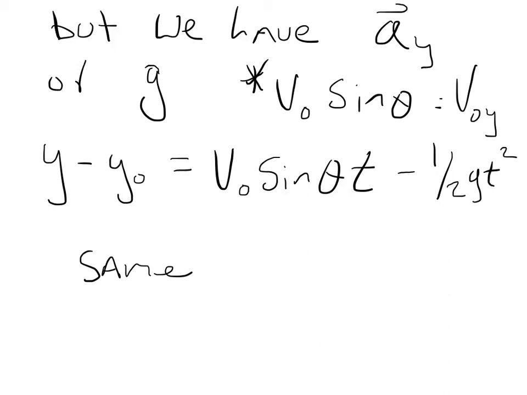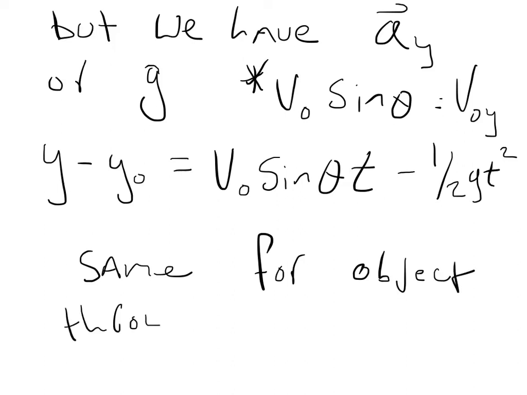So in this instance, I need to know that it's been released already, and that it's not being acted upon by any other force. What I was trying to say is that this is the same for an object that's thrown straight up, as it is for an object that's at some other angle, provided I know what v naught is in the y direction, v naught sine theta.